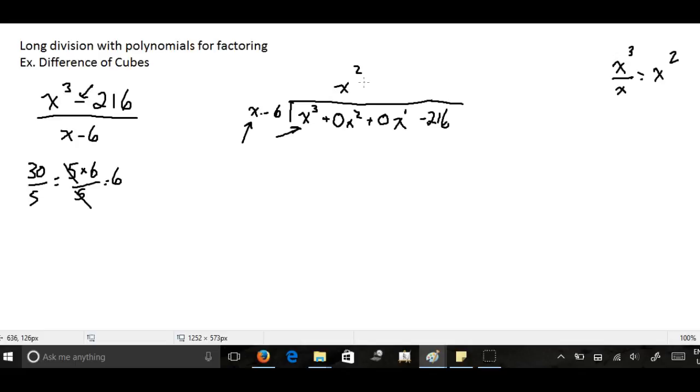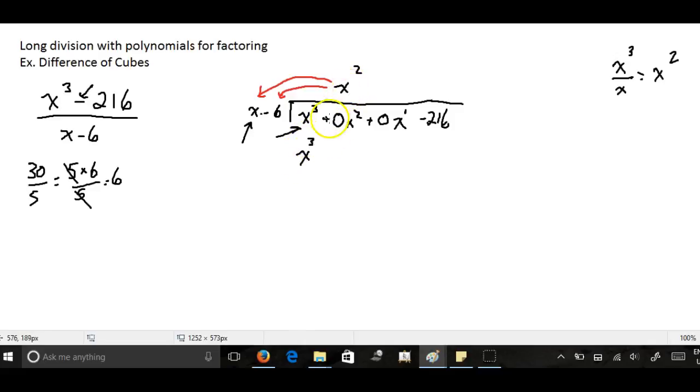The next step in long division is multiply. So x squared is multiplied by x, and x squared is multiplied by minus 6. Let me just show that. I'll get some arrows going here. So I want to multiply x squared by x, and x squared by minus 6. Alright, so x squared times x is x cubed.